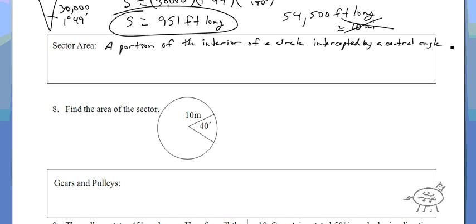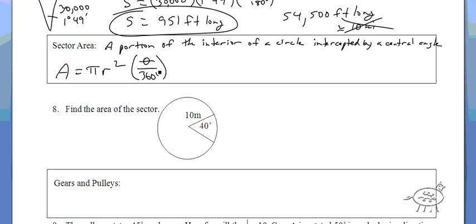So let's talk about where this comes from. Do you guys remember the area of a circle? Area equals pi r squared. And do you guys remember from geometry, I can say theta per 360 degrees.